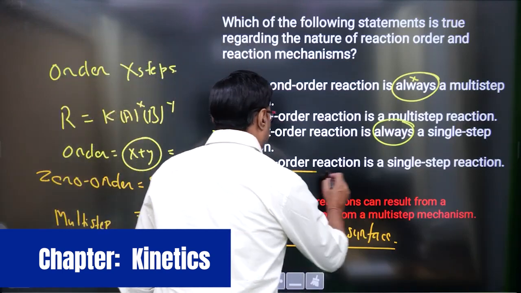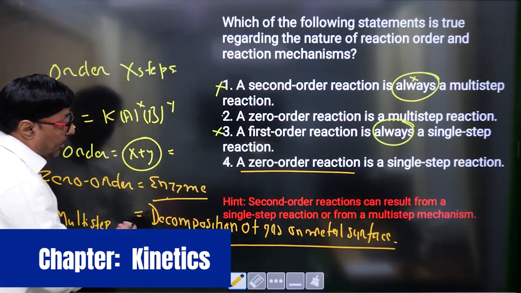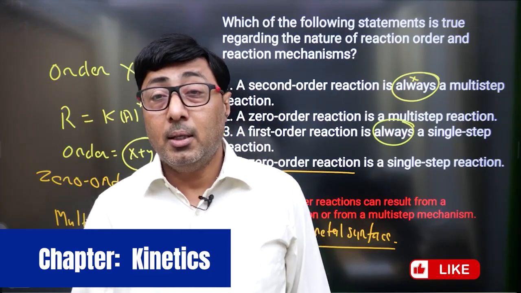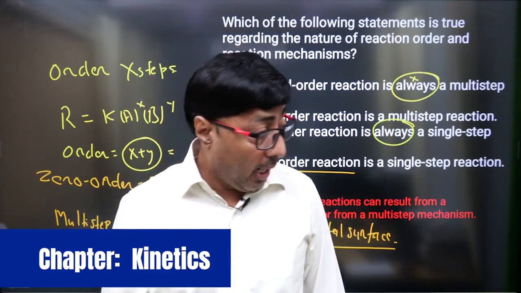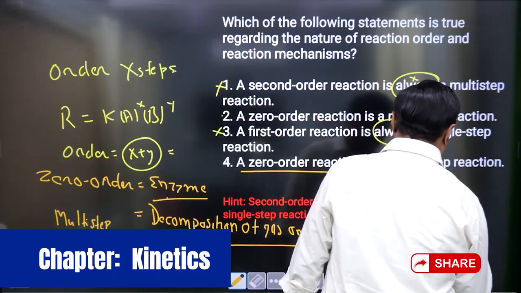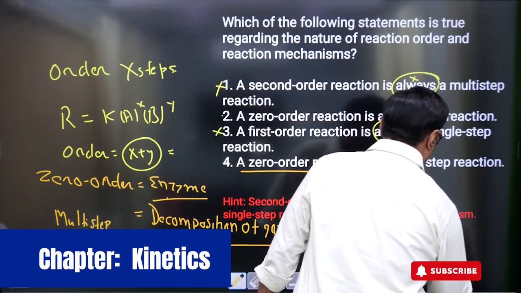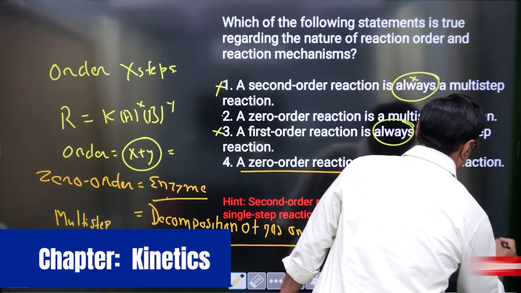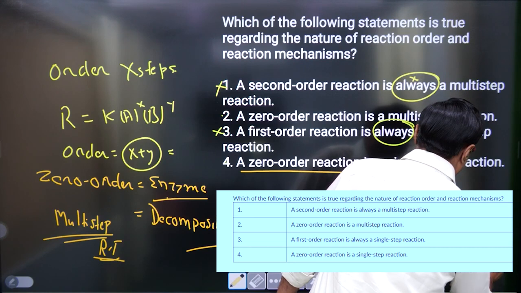Can we cite an example for this one also? If the statement is that most of the time it is a multi-step reaction, does any example exist where it is a single step reaction? The answer is the decomposition of ammonia. The decomposition of NH3 is a single step reaction.